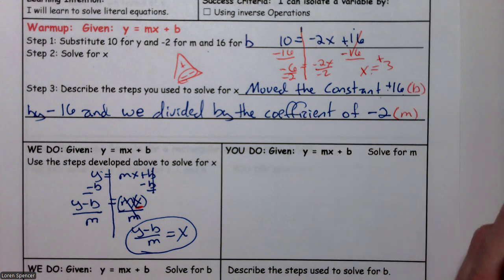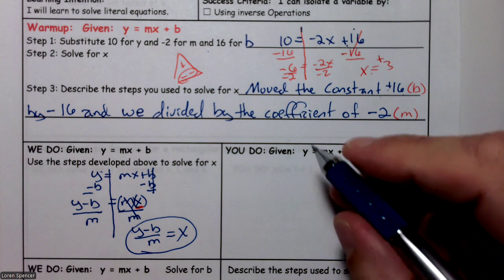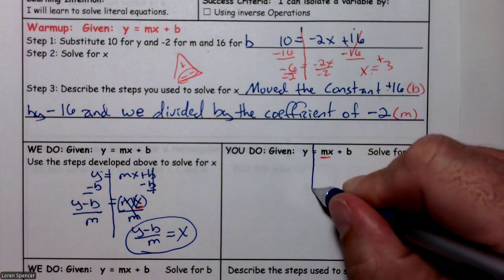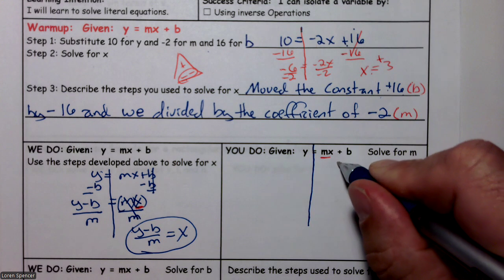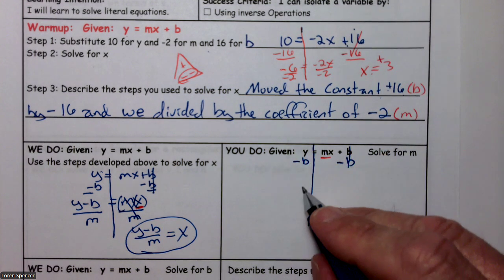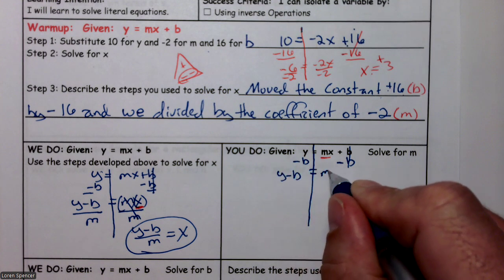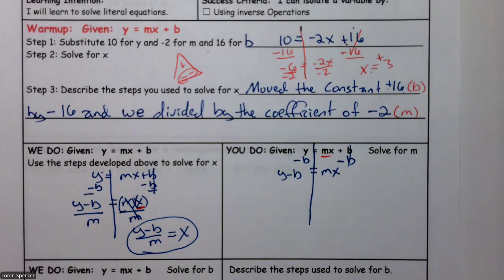So this time we're going to do the same thing, except we're looking for m. We're going to solve for m. As always, we move constants before we get rid of coefficients. Well, I need to move this b, so I need to do a minus b, and this goes away. And now I have y minus b equals mx.